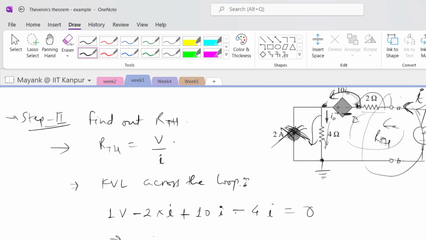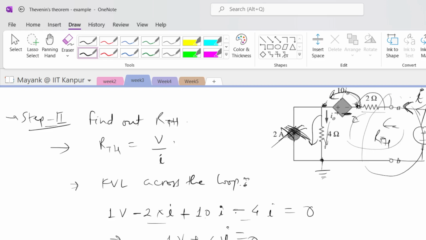So now let us find out how much is the current. So 2I minus 4I minus 6I plus 10I is 4I, right? So it becomes 1 volt plus 4I is equal to 0, right? So I is equal to minus 1 by 4 ampere, which is equal to minus 0.25 ampere. Fine. So what does this minus sign denote, by the way?